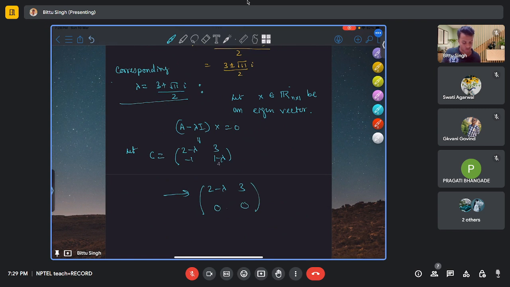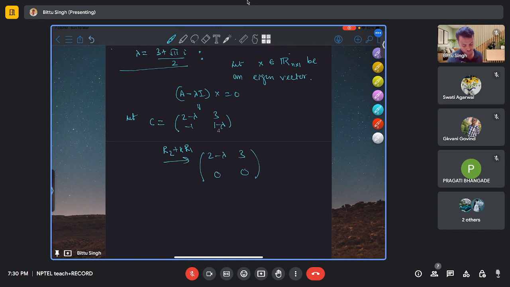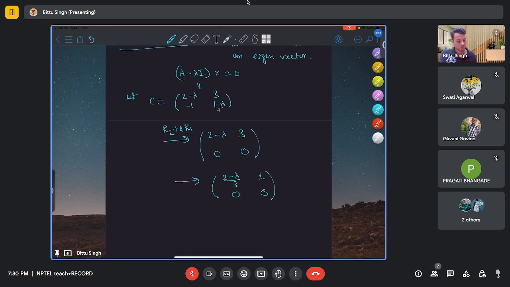Okay, so if you row reduce, then with some suitable scalar, if you do this step R2 plus some scalar, suppose k times R1, then the second row will be 0. Okay, so now if you divide it, then the final row reduction will be 2 minus lambda by 3 and 1. And the next row is 0 0.